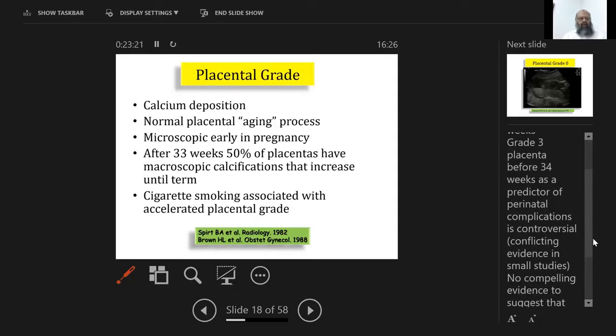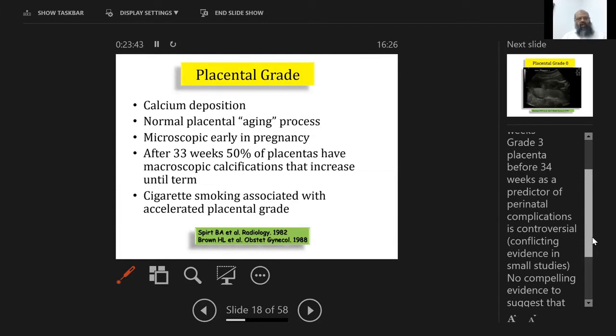Which point? The point is that if there are more than 50% of placenta having macrocalcifications, then we can have perinatal complications. This statement is controversial, as it is based on smaller studies.